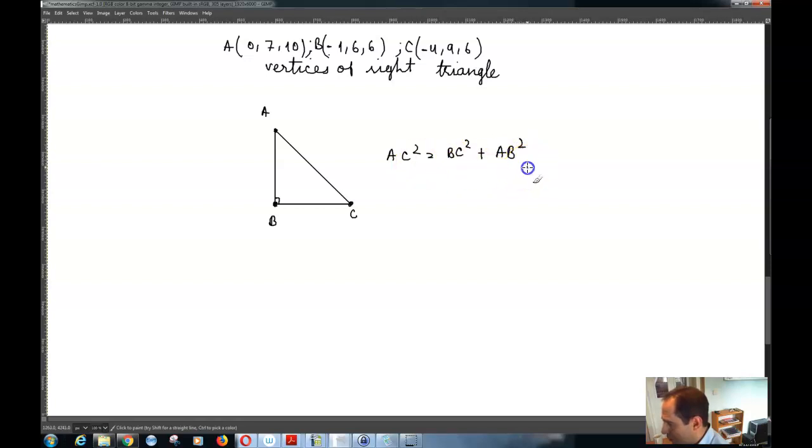If this relationship exists between the side lengths of the triangle, you can conclude that triangle ABC is a right triangle.